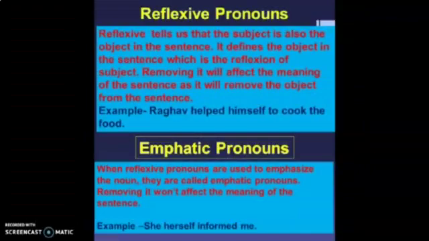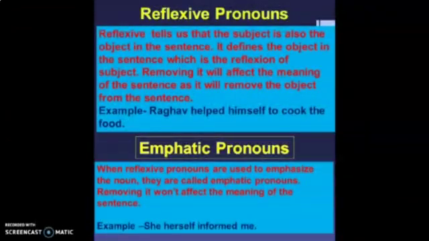See here, a reflexive pronoun tells us that the subject is also the object in the sentence. It defines the object in the sentence, which is the reflection of the subject. If you remove it, it will affect the meaning of the sentence, as it will remove the object from the sentence. See the example, Raghav helped.